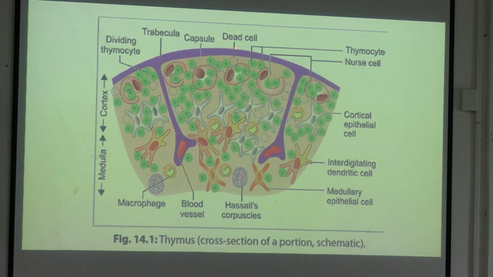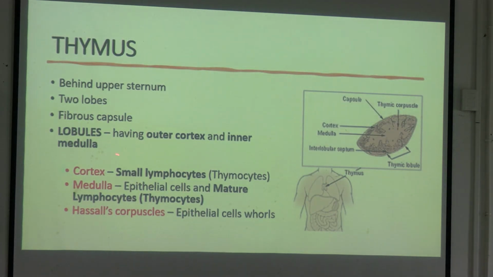So there will be some immature or small thymocytes in the cortex, and there will be some mature thymocytes in the medullary region. And all of this region is divided into sections by the trabeculae. Now there are macrophages, there are blood vessels inside it, and there are something known as Hassall's corpuscles. So the thymus is divided broadly into the cortex and medulla. The cortex will be housing the small lymphocytes, and the medulla will be housing some epithelial cells and mature lymphocytes.